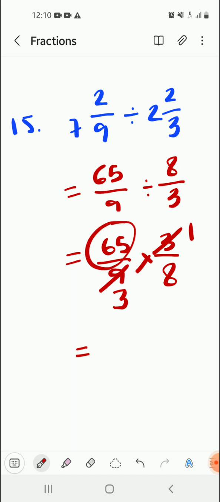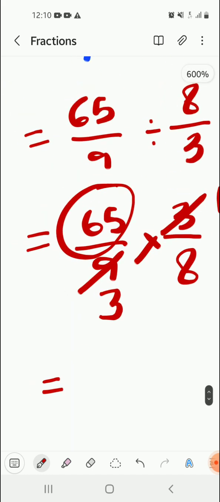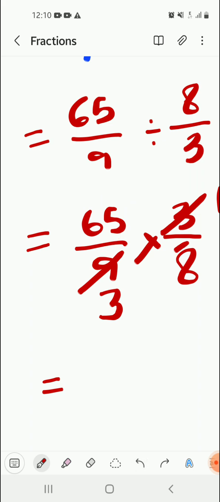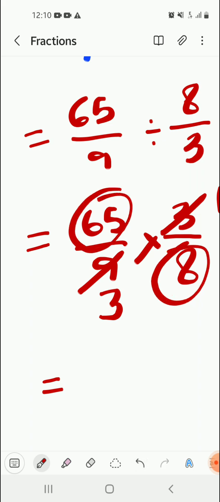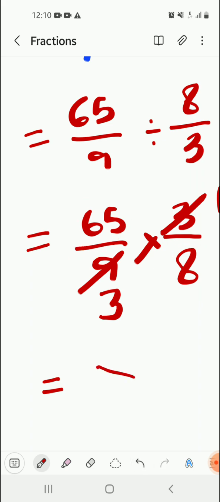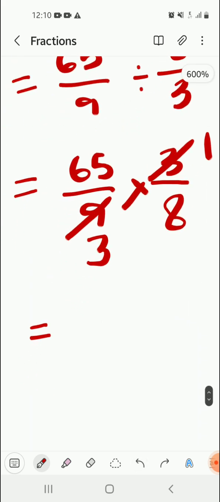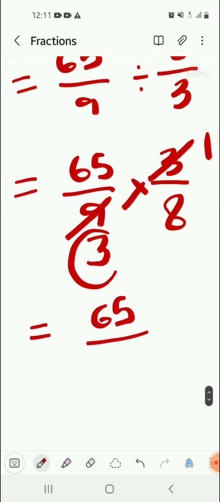No. By the rules of divisibility, 6 plus 5 is 11, not divisible by 3. 8 is also not divisible into 65, so we'll leave it as it is. In the numerator we have got 65 and in the denominator we have got 3 into 8, 24.